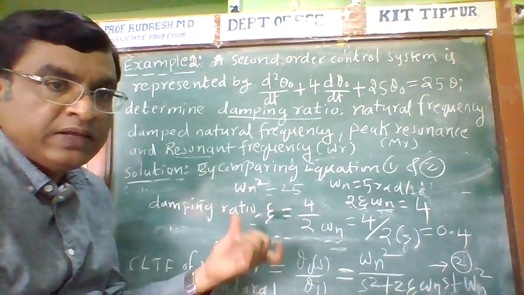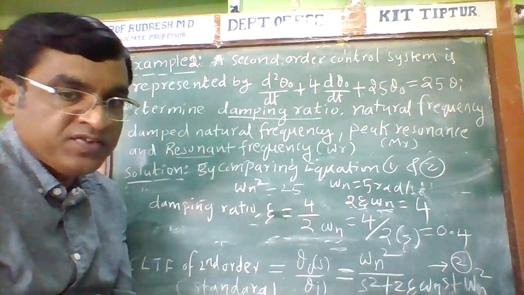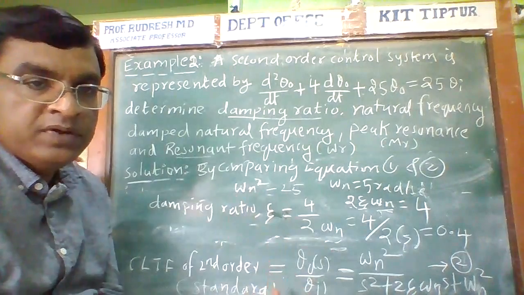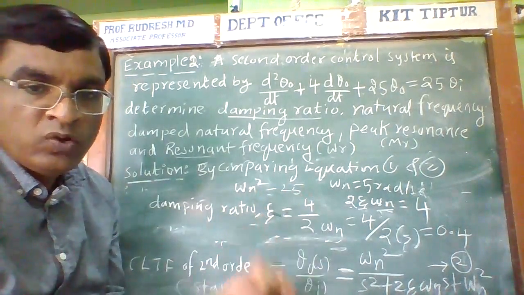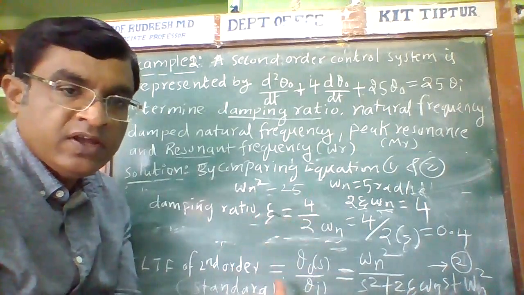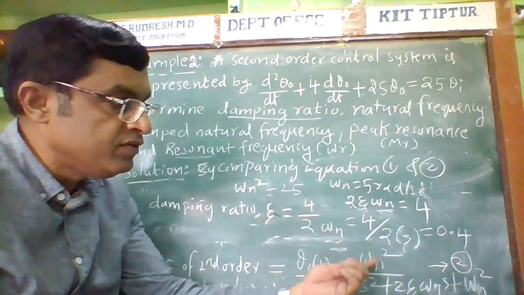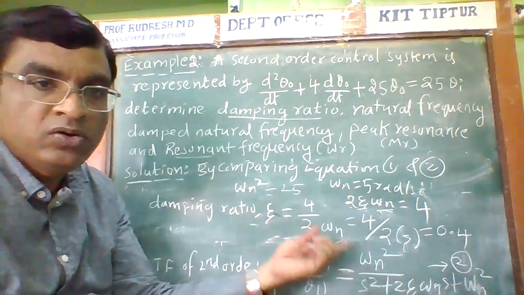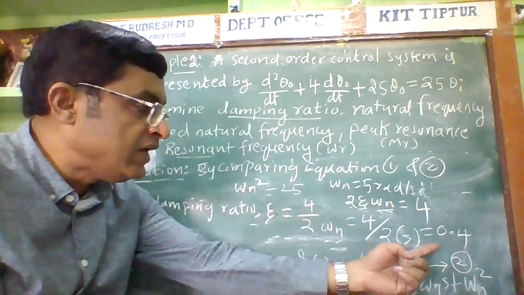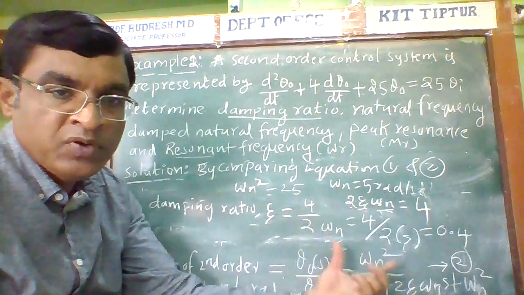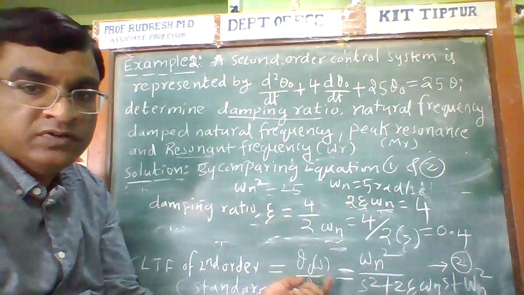If the zeta value is less than 1, which type of system is it? Undamped, underdamped, critically damped or overdamped? When the damping ratio is equal to 0, it is an undamped system. If the damping value is less than 1, it is an underdamped system. If the damping value is greater than 1, it is an overdamped system.